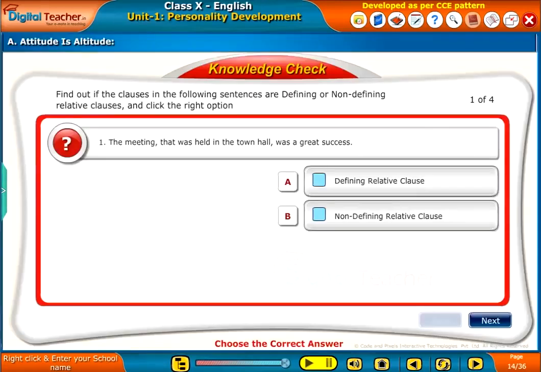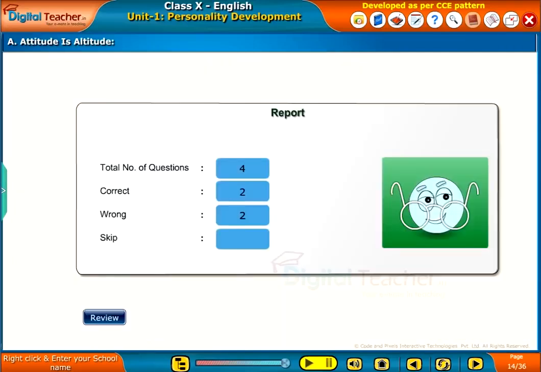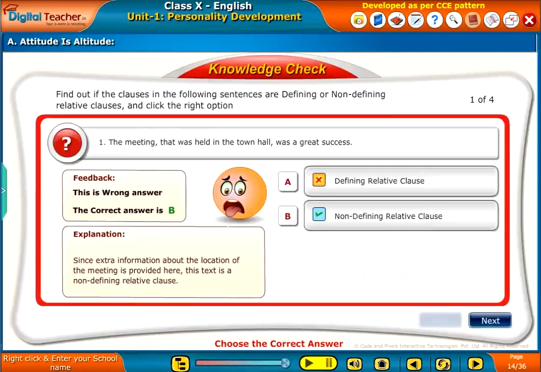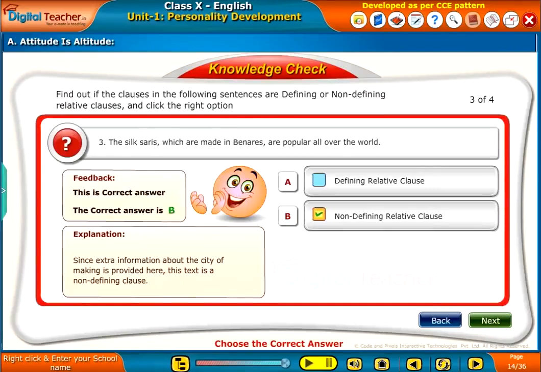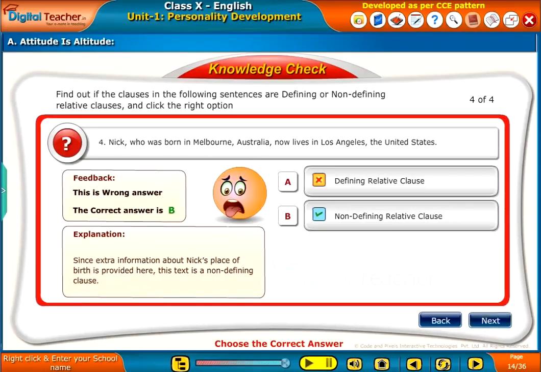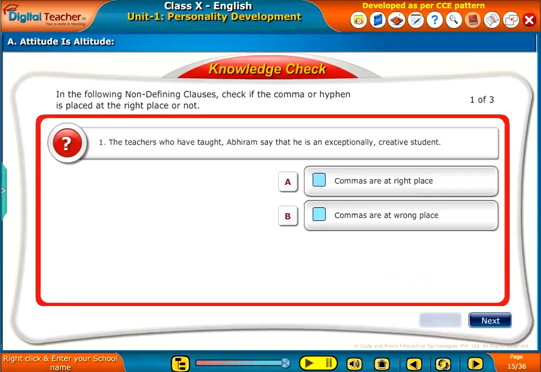Find out if the clauses in the following sentences are defining or non-defining relative clauses and click the right option. In the following non-defining clauses, check if the comma or hyphen is placed at the right place or not.